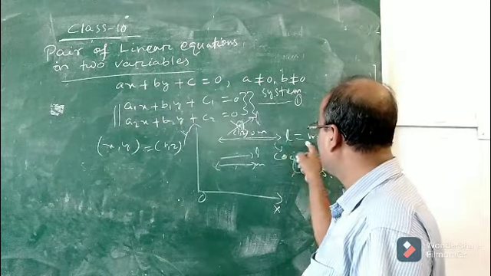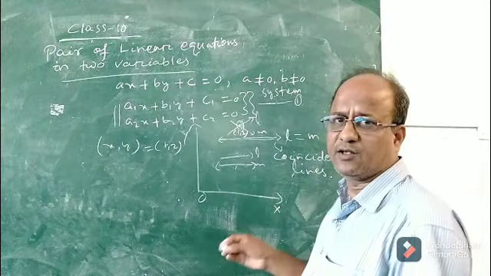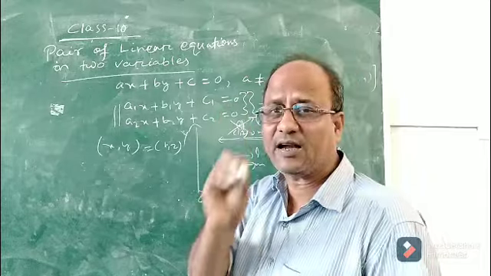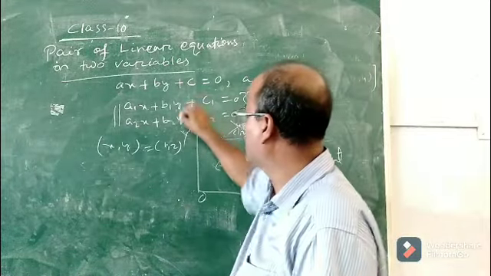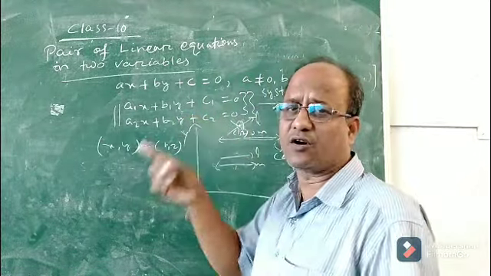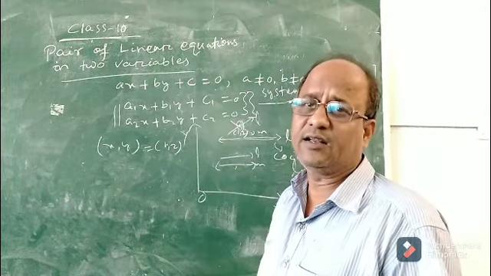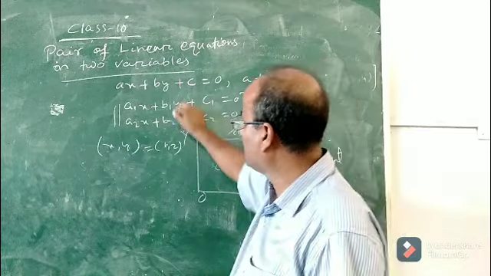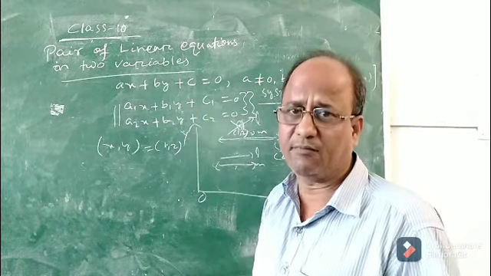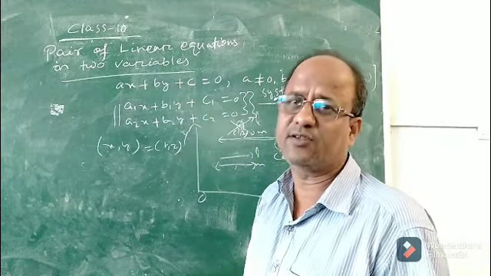That means the two straight lines are the same. If you get the same line after drawing the graph of these two equations in two variables, then you will conclude that the system or the pair of equations has infinitely many solutions.